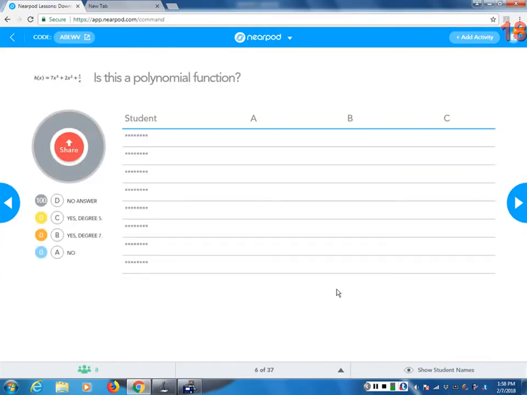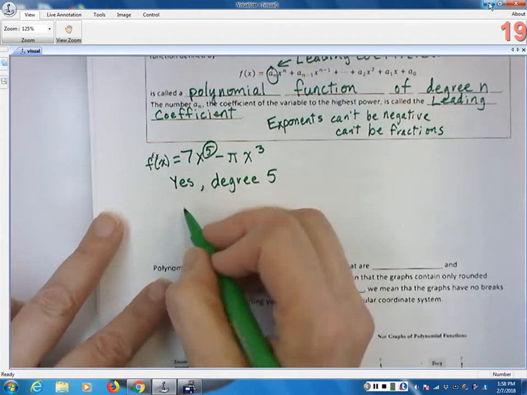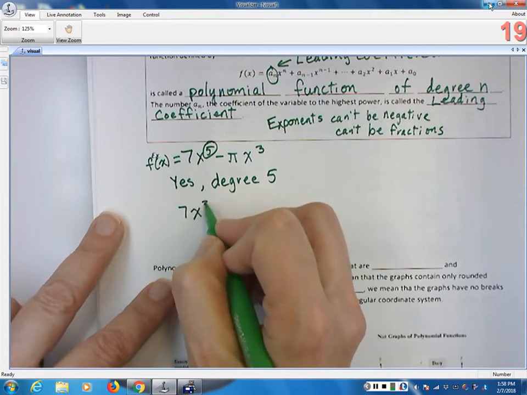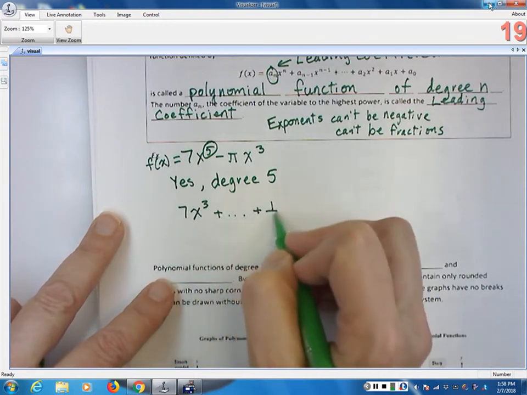Here's the next one. Is this a polynomial function? 7x to the 3rd plus 2x squared plus 1 over x. What was it again? 7x to the 3rd, plus 2x squared, plus one over x.